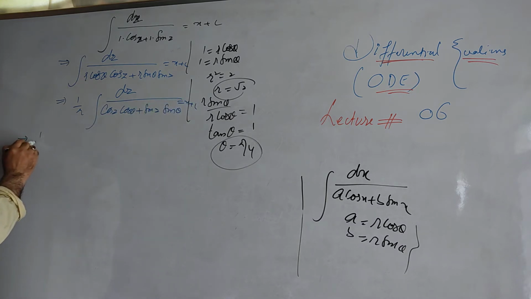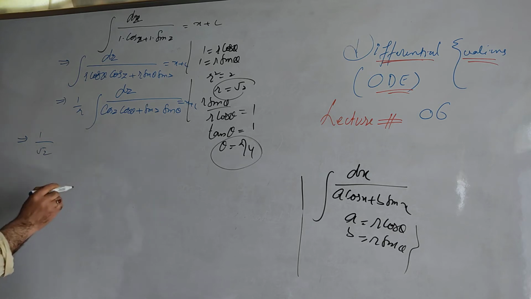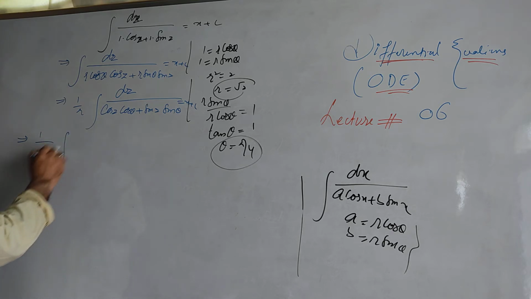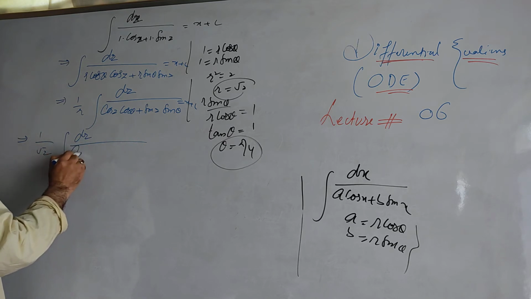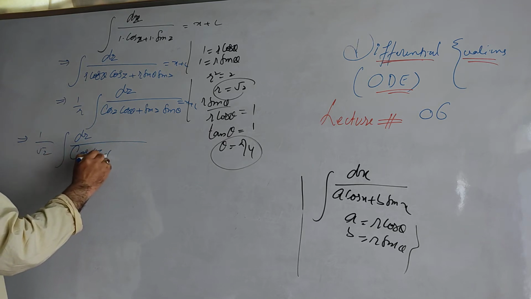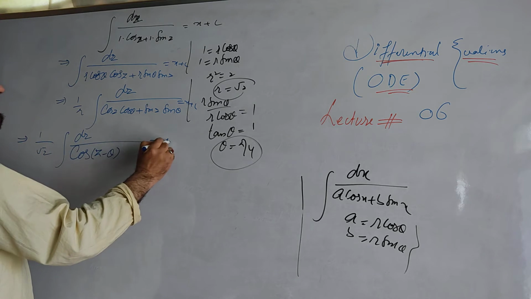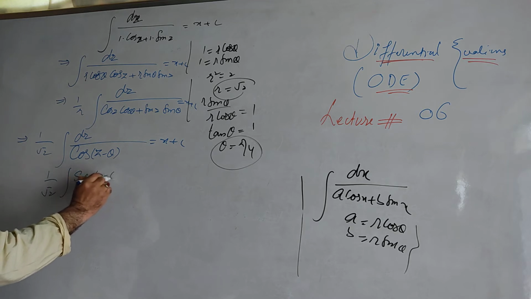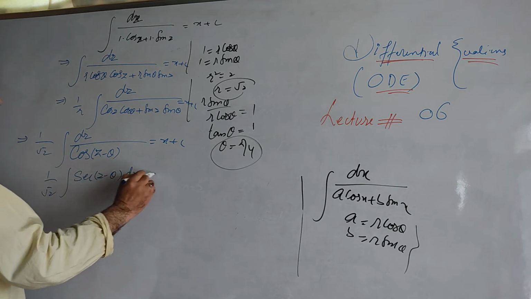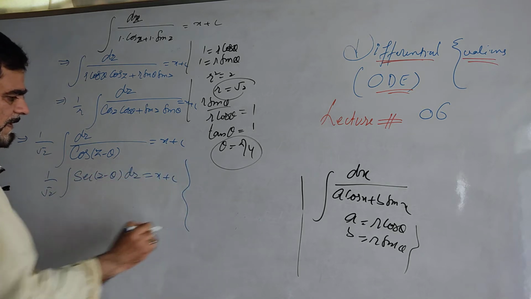This implies 1 by root 2, as your r is root 2, times the integral of dz, and cos a cos b plus sin a sin b becomes cos of z minus theta, equals x plus c. This is 1 by root 2 times the integral of secant of z minus theta dz, equals x plus c.